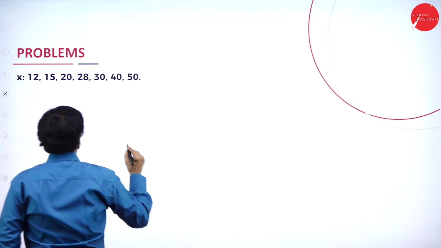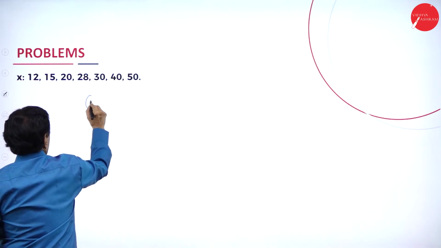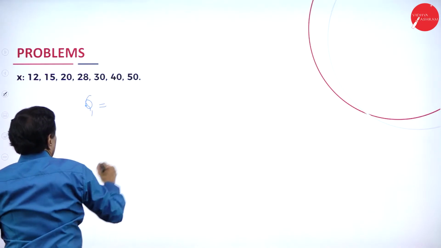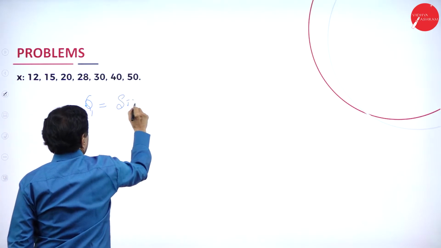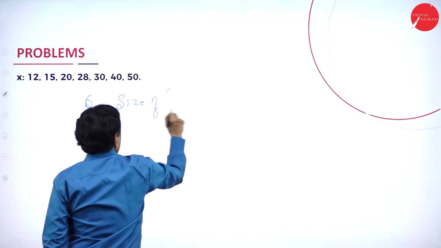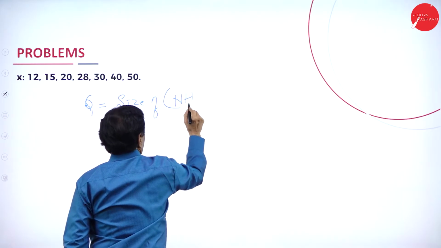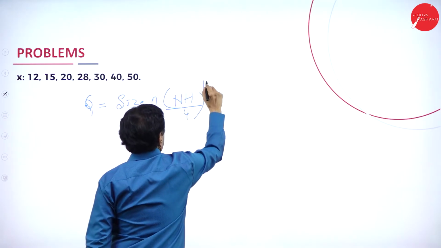You apply the formula. Q1 is equal to the size of (n plus 1) divided by 4th item.